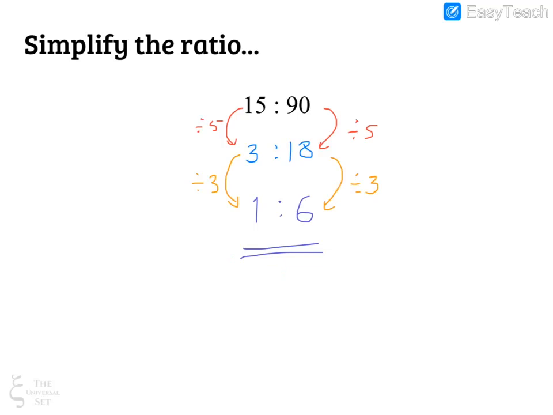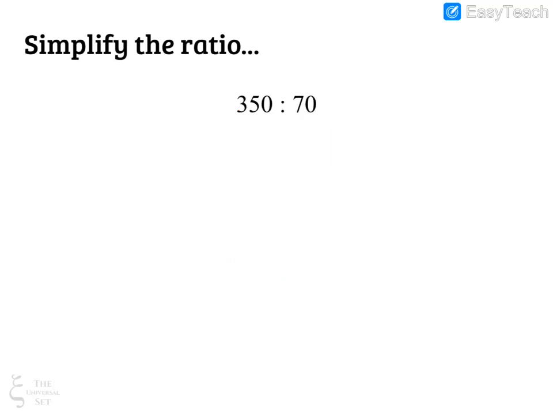Let's try one more of these. Now, even bigger numbers this time. I've got 350 to 70. That is my ratio we're going to try and simplify. And again, I've got to look for a times table that these guys are both in. Now, because these numbers both end in a 0, I can be pretty sure that they are in the 10 times table. So let's divide by 10 on this side.